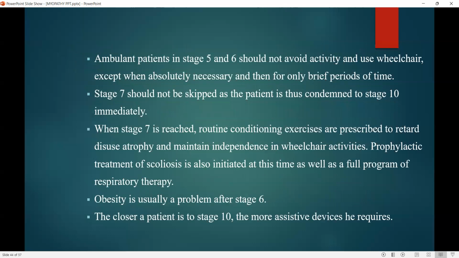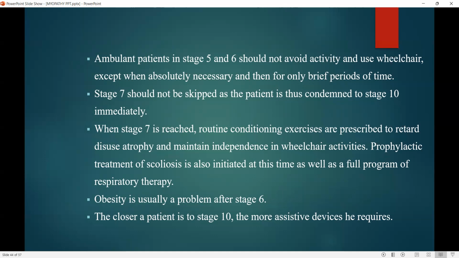The ambulant patient in stages 5 and 6 should not avoid activity and use a wheelchair except when absolutely necessary and for only brief periods of time. Stage 7 should not be skipped, as the patient is otherwise consigned to stage 10 immediately. When stage 7 is reached, routine conditioning exercises are prescribed to retard disuse atrophy and maintain independence in wheelchair activities.